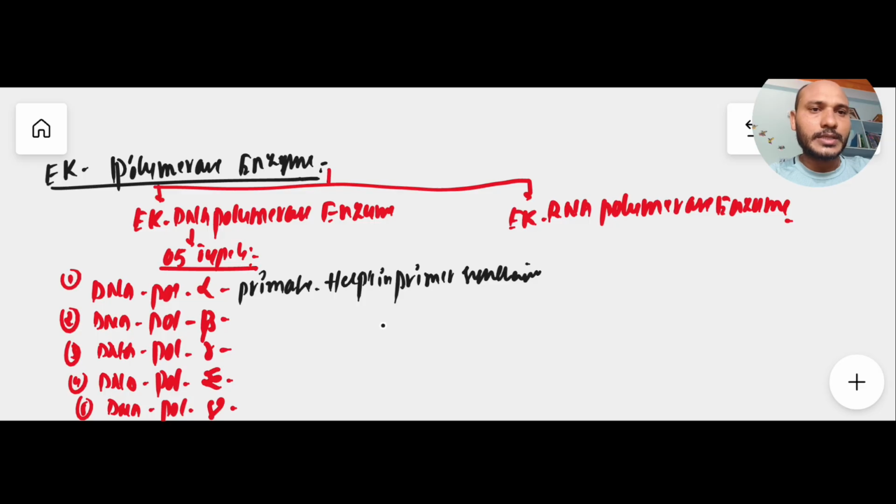So for primer synthesis, there is a need of the enzyme called DNA polymerase alpha, also called primase enzyme. Now coming to beta, DNA polymerase beta enzyme helps in DNA repair in eukaryotic organisms. And DNA polymerase gamma, also called helicase enzyme.